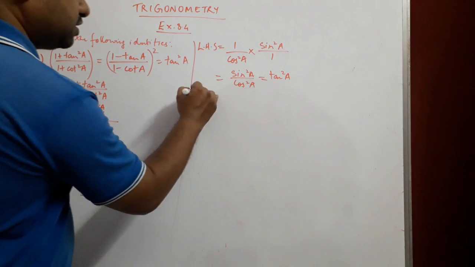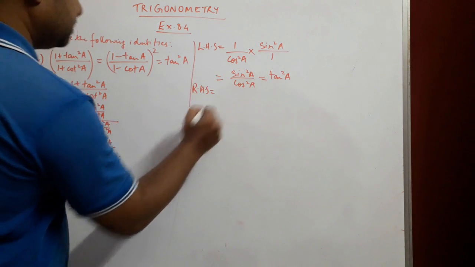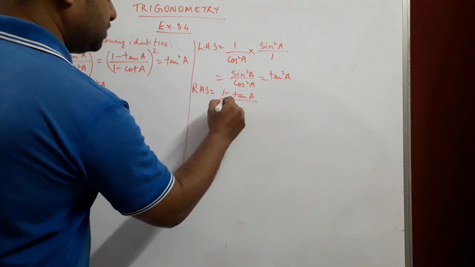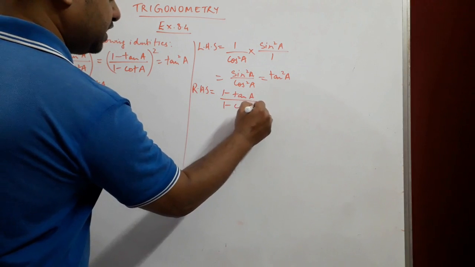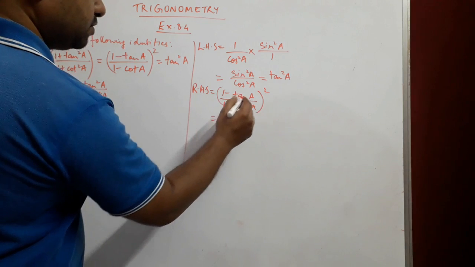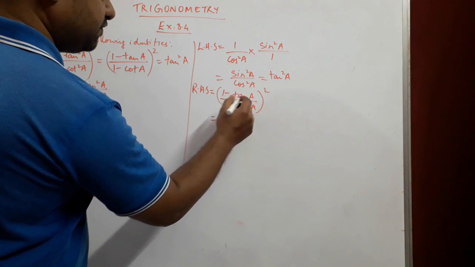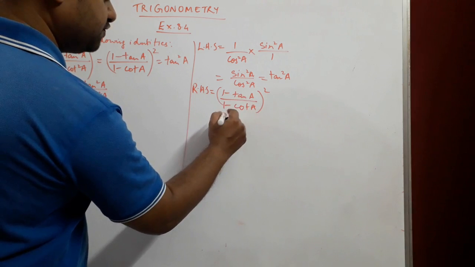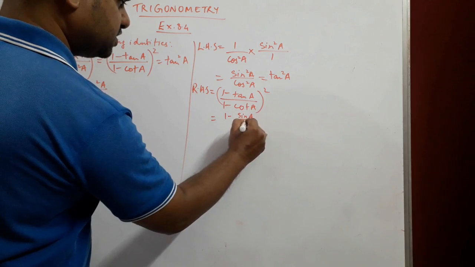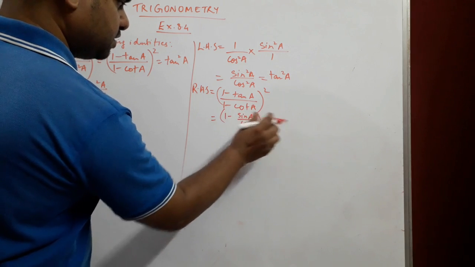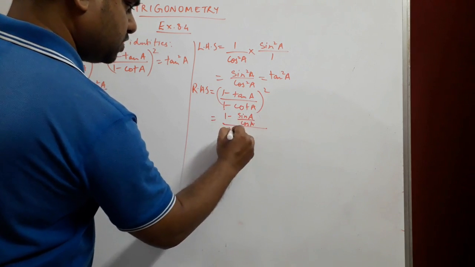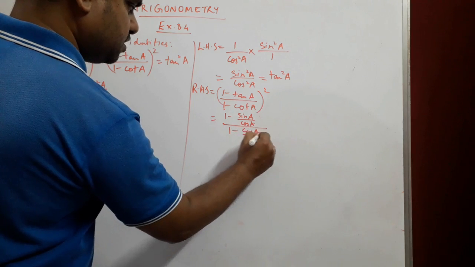Now let's try to do the same with right hand side, which is equal to (1 minus tan a) whole thing upon (1 minus cot a) whole square. So let us try to simplify this by bringing it into sine and cos form first. 1 minus sine a upon cos a, whole thing upon 1 minus cos a upon sine a.